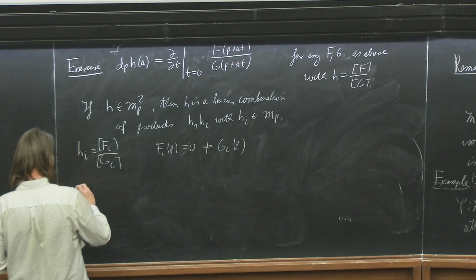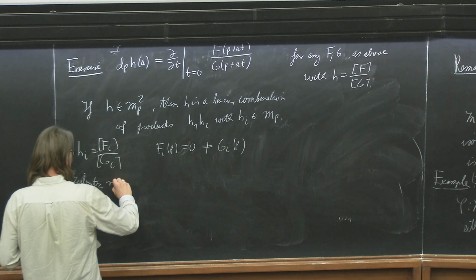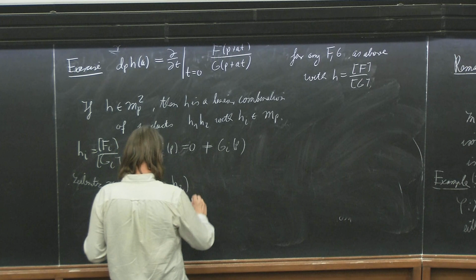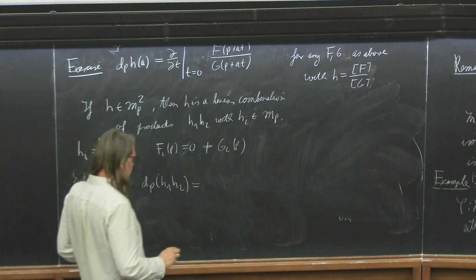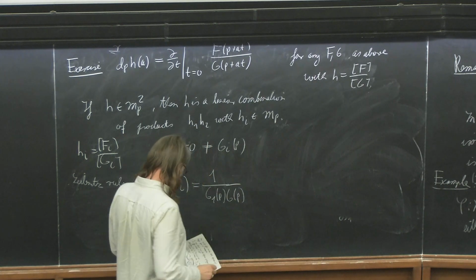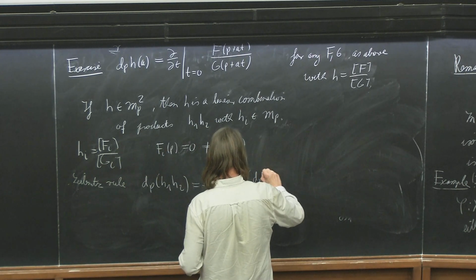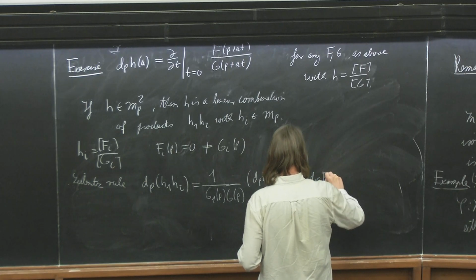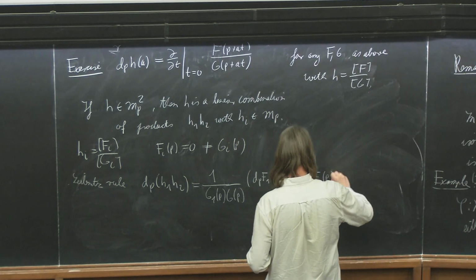And then we can apply the Leibniz rule. Namely, if I take dp of h1 h2, this is equal to 1 over g1 of p times g2 of p, times, applying the Leibniz rule to these polynomials, dp f1 times f2 of p plus f1 of p times dp f2.